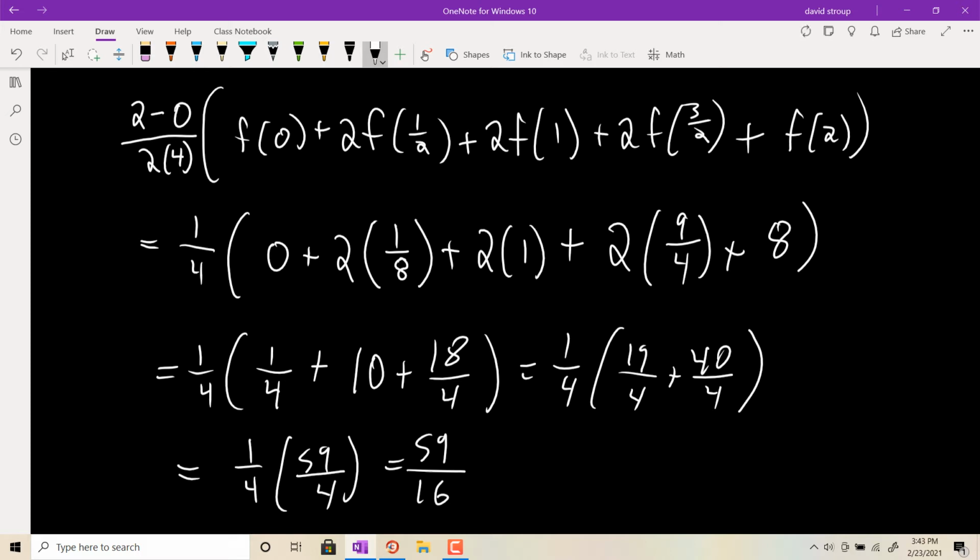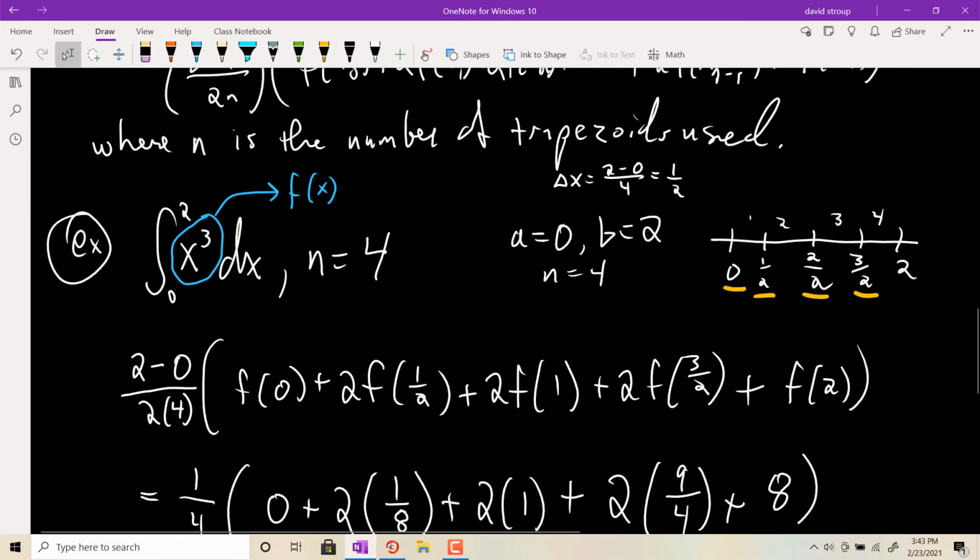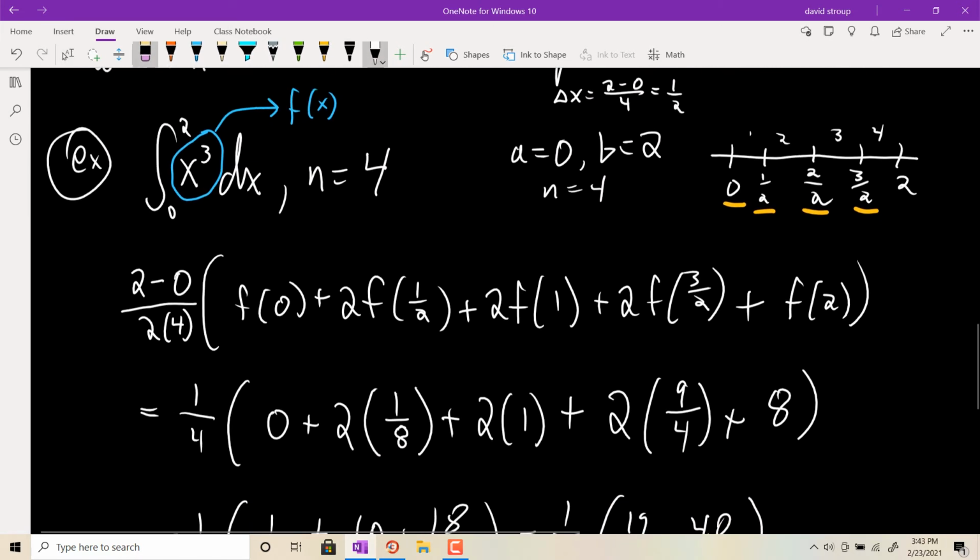And so let's get an approximation of that. 59 divided by 16 is, I screwed up. What did I do wrong, folks? 3 halves cubed is not 9/4. It is 27/8. I apologize.